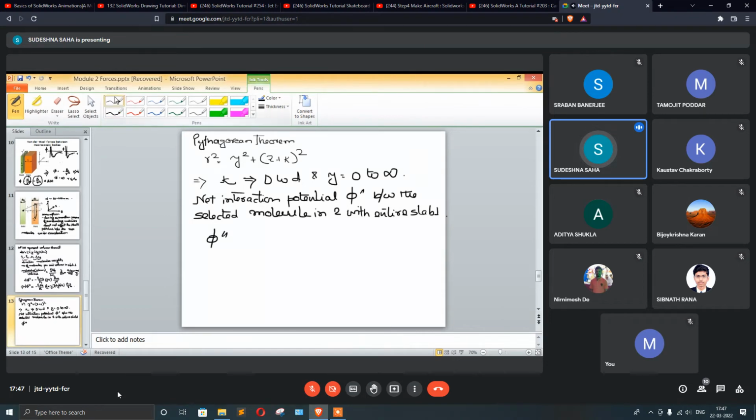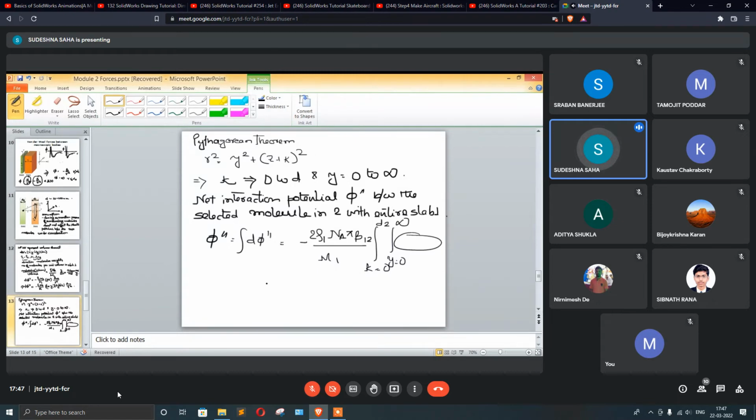Phi double prime will be given as d phi double prime, which equals minus 2 rho 1 Na into phi, integrated over k from 0 to d1 and y from 0 to infinity.